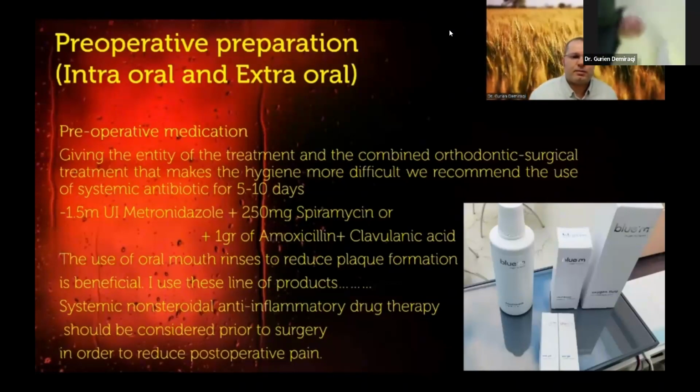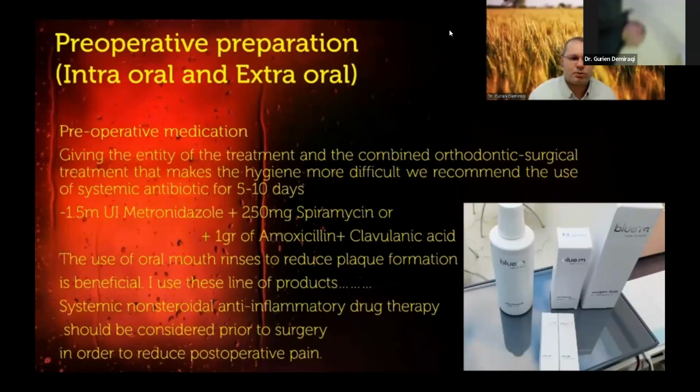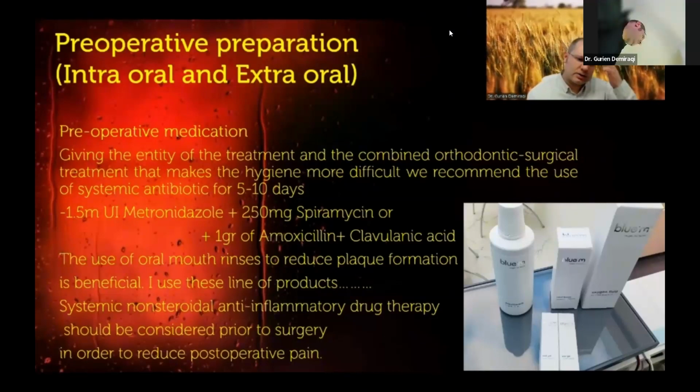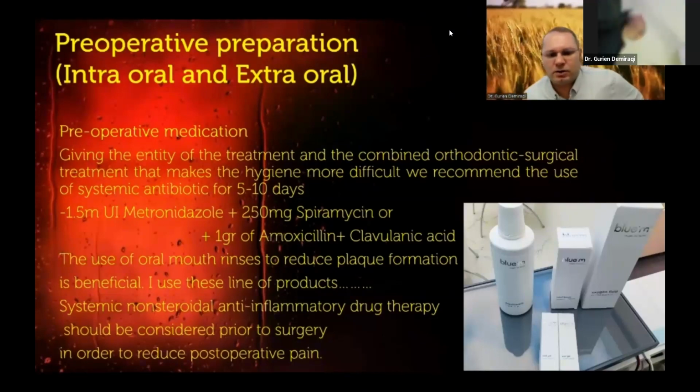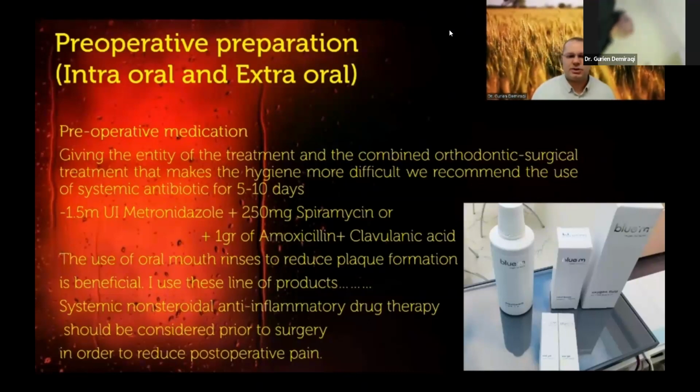The use of oral mouth rinses is very much suggested and explained to the patient to reduce plaque formation. We use the Blue M line of products in our clinic for many years, but it doesn't make you do this, it's just a good line of products that we use. Systemic non-corticosteroidal anti-inflammatory drug therapy should be considered prior to surgery in order to reduce post-op pain.